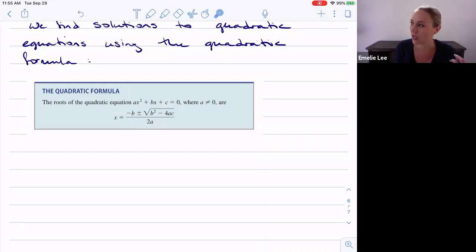Right, and so we pull this a, b, c from our quadratic equation. Okay? So the roots are solutions.